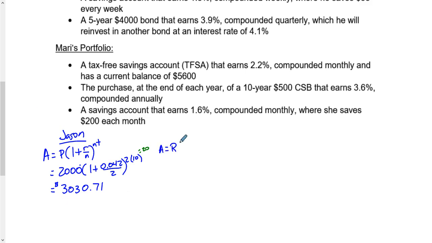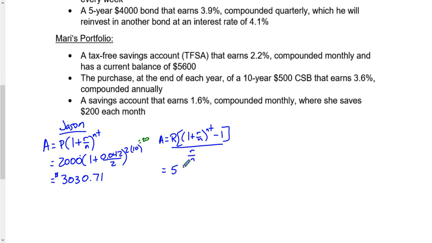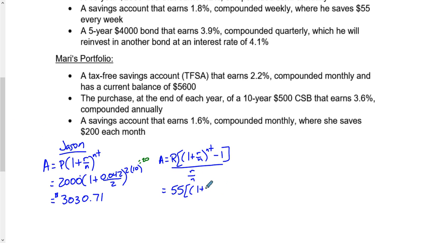So regular contribution, and plug in the information: $55, at an interest rate of 1.8%, compounded weekly, there are 52 weeks in a year.